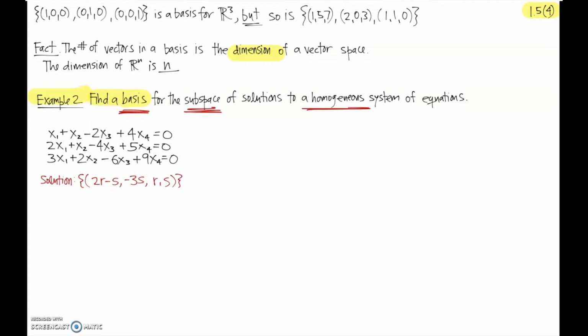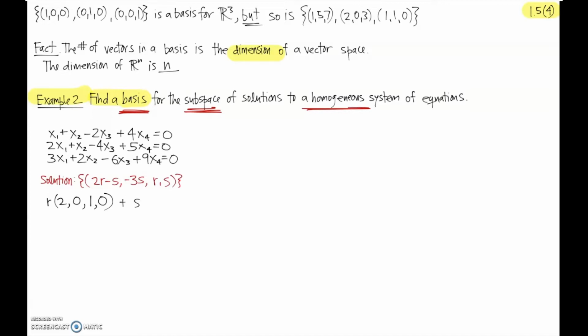Looking at this solution set, we have two parameters, r and s, and what if we pulled out each parameter? So let's see, if we pulled out an r from each one, the first term has 2r in it, the second term has 0r, the third term has 1r, and the fourth term has 0 r's.